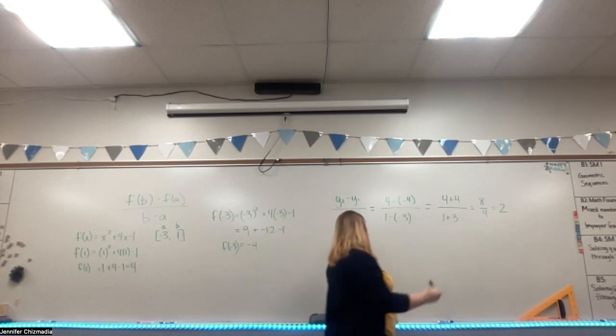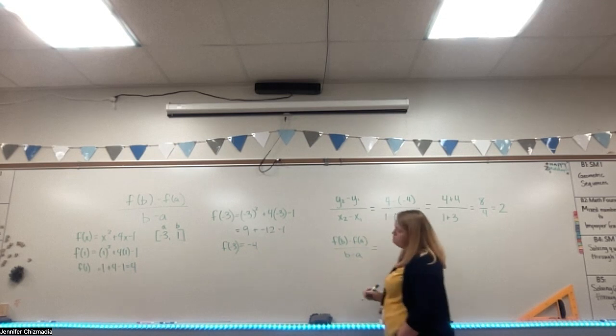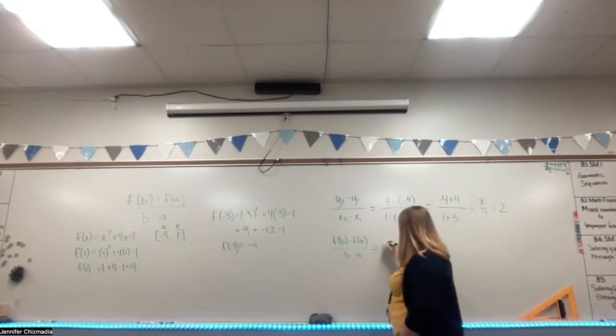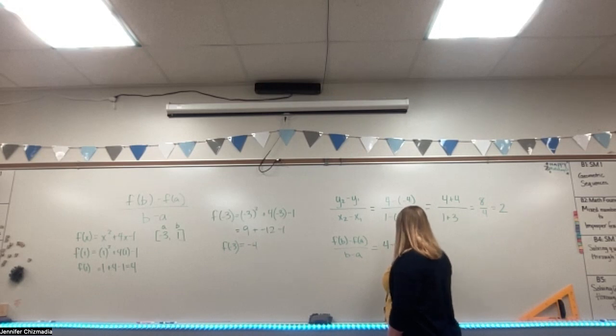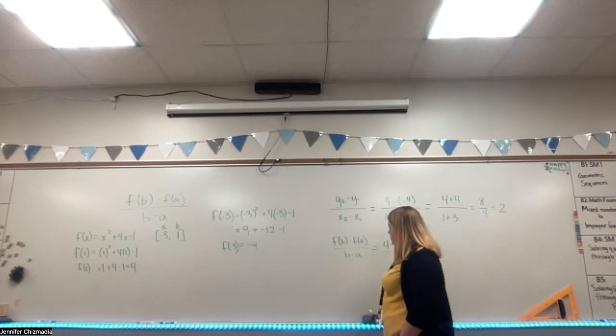Okay, f of b. What was our f of b? F of B was the 4. And f of a was the -4. What's our b? Not f of b, just b.